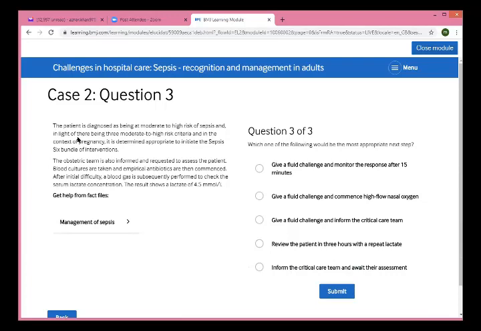Sepsis 6 bundle you give. Which of the following is the most appropriate first step? Check serum lactate, give fluid challenge and inform critical care.